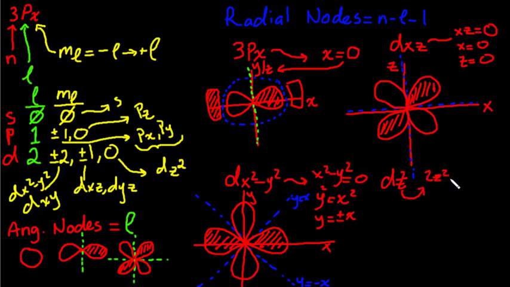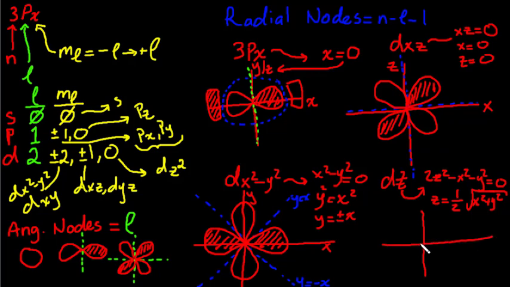And if we set that equal to 0, then we would realize that the value of z would be equal to half the square root of x squared plus y squared. Now if you have done any vector calculus before, you would realize that this is a vector equation, and if you were to draw it out, it would look like a cone.